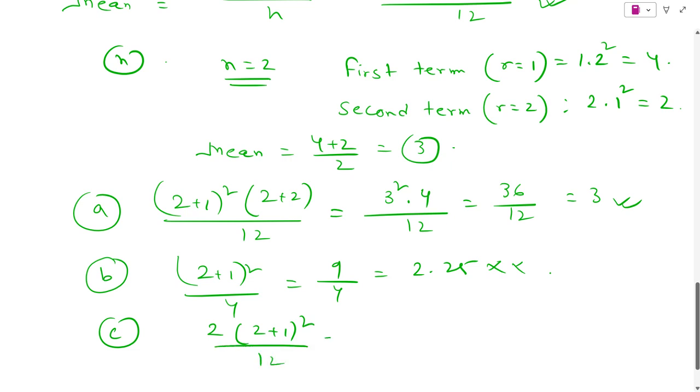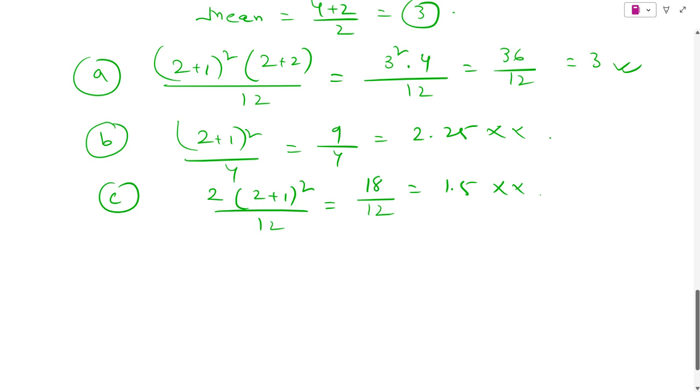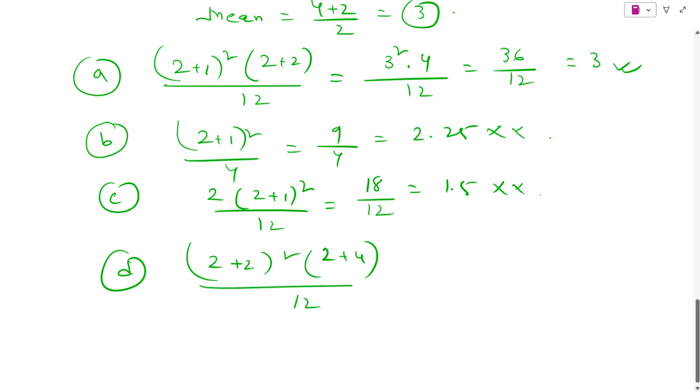Right, so this is 18 by 12, which is basically 1.5. No, this will also be wrong. Now option number D represents (2 plus 2) whole square into (2 plus 4) by 12. So this is 16 into 6 by 12, so this is 8. This is also incorrect. Okay.